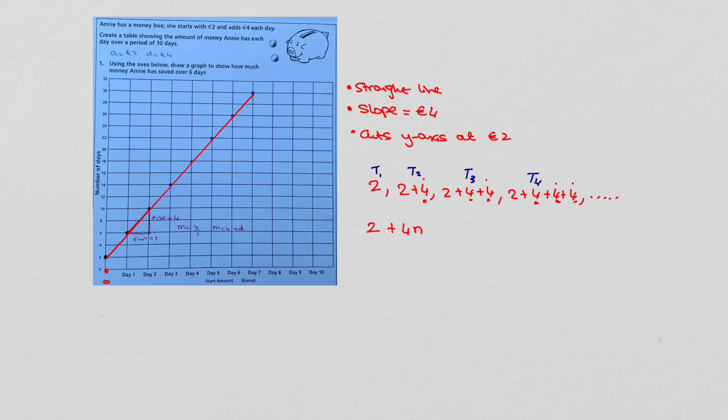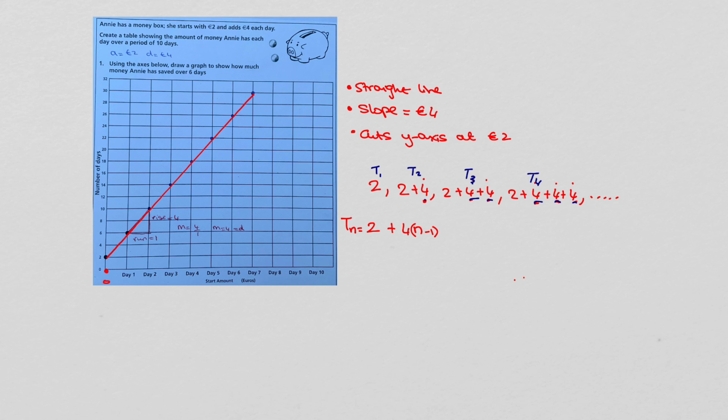Term 1 has no 4s, term 2 has 1 4, term 3 has 2 4s, term 4 has 3 4s. So therefore we can actually write this as n minus 1.